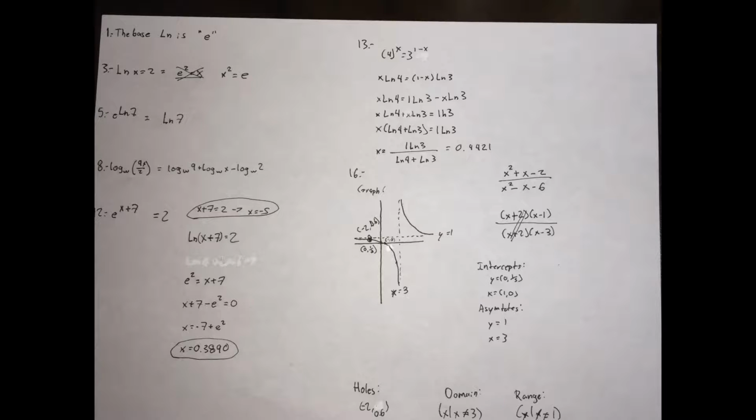So the expression would be x natural logarithm of 4 equal to, in brackets, 1 minus x natural logarithm of 3. Since the 1 minus x is in brackets, we can distribute it, meaning that x natural logarithm of 4 would be equal to 1 natural logarithm of 3 minus x natural logarithm of 3.